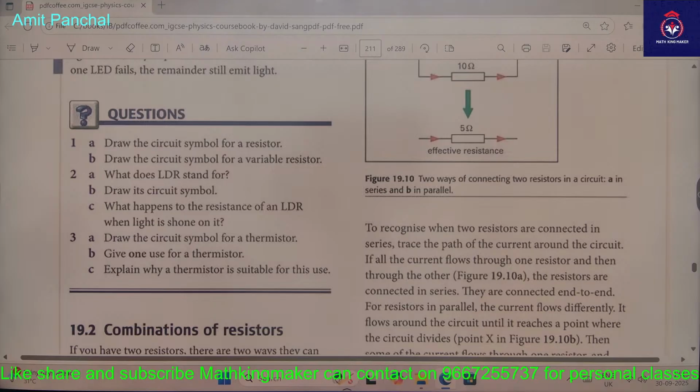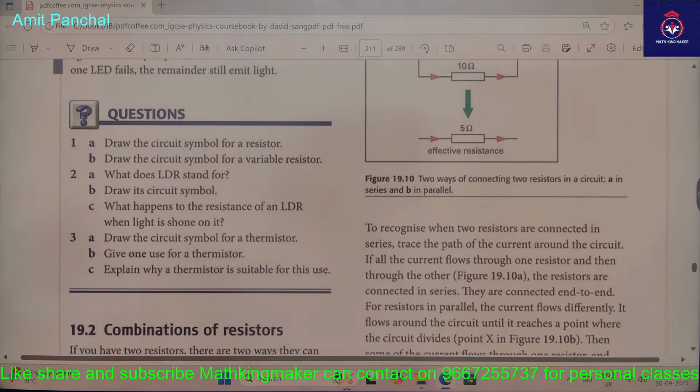Okay. Okay. Draw the circuit symbol for a thermistor. Give one use for a thermistor. Explain why a thermistor is suitable for this use. Well, the thermistor just basically measures the temperature, right? It doesn't measure the temperature. It works. Does it regulate the temperature then, sir?